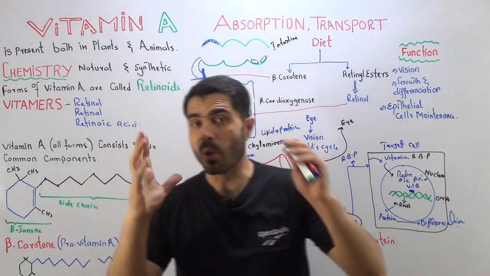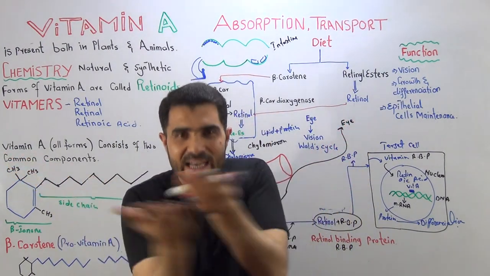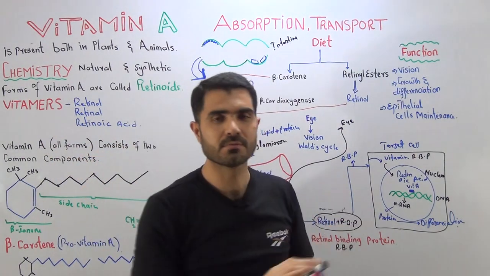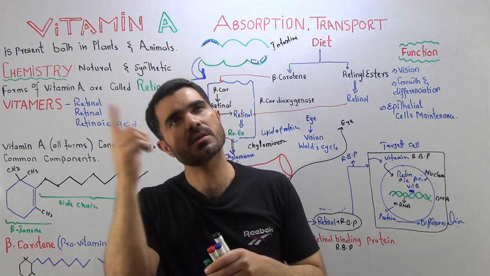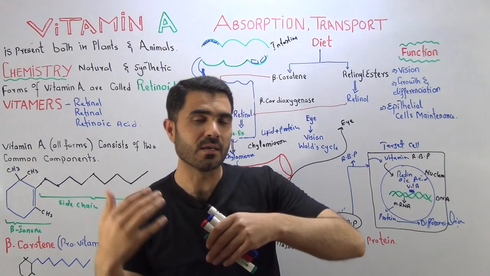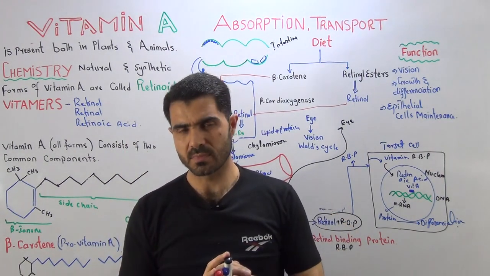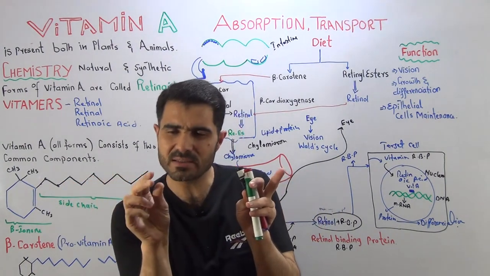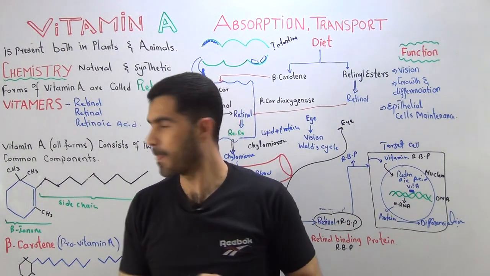No. Vitamin A has closely related different structures, different forms of vitamin A. So you can't say vitamin A is just a single structure. Vitamin A is available in 3 different structures. These 3 structures are quite similar to each other, but there is a slight difference between them.